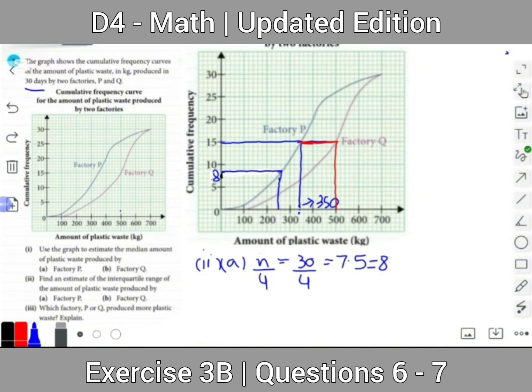So here we have the value approximately 250, just because we know that each square unit along the x-axis is equal to 20, so we have 200, 220, 240, 260. In between 240 and 260 we have 250. So the estimated value of the lower quartile Q1 is equal to 250 kgs.